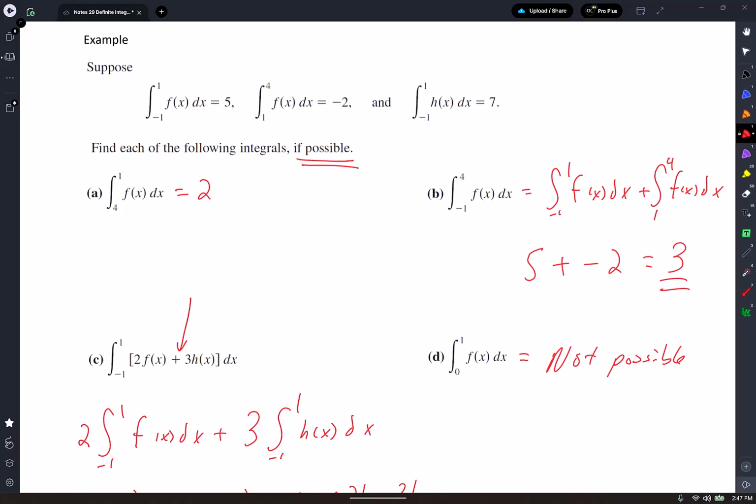If they would have told us that f of x is odd, remember all our functions go through the origin. Well, actually, it wouldn't have been possible because if it would have been odd, that would have been 0 because the areas cancel each other out. But the even one would have been possible. If they told us f of x is even and it's symmetric about the y-axis, like this one, 0 to 1, then we would have just cut that area in half. But that's not the case here. They don't tell us that.